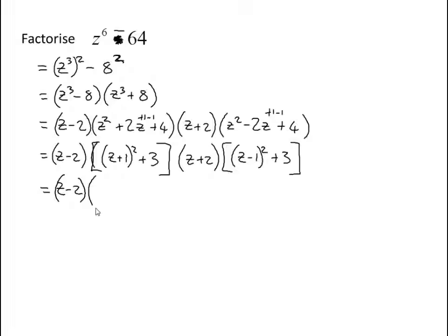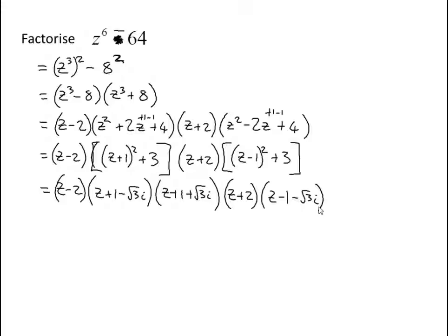Let's use difference of two squares again. So z plus 1 minus root 3i, z plus 1 plus root 3i, z plus 2, z minus 1 minus root 3i, and z minus 1 plus root 3i.